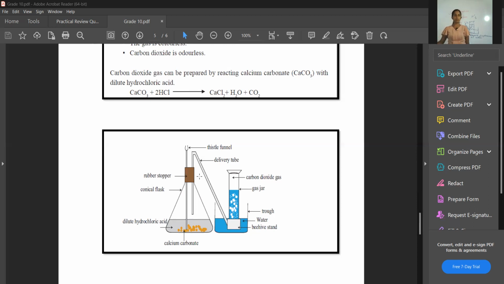So here also, we use the same method to collect carbon dioxide gas. When carbon dioxide enters the gas jar, the water level goes down. So the same method, downward displacement of water.